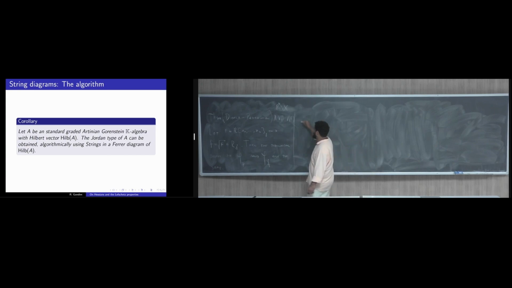In particular, the Hessian of F is 0 if and only if the Hessian of f is 0.